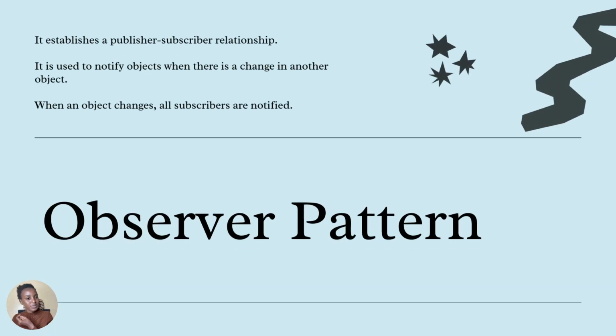The fourth one is observer pattern. It establishes a publisher-subscriber relationship. It is used to notify objects when there's a change in another object. When an object changes, all subscribers are notified. In case you're not familiar with the publisher-subscriber model, let me give a good example. A good example could be the weather.